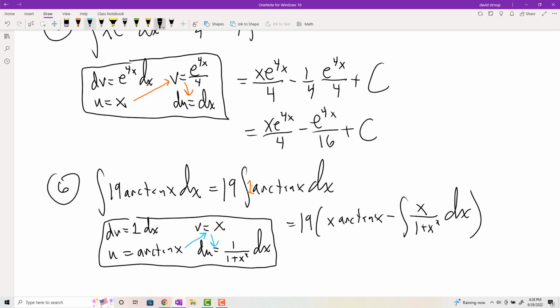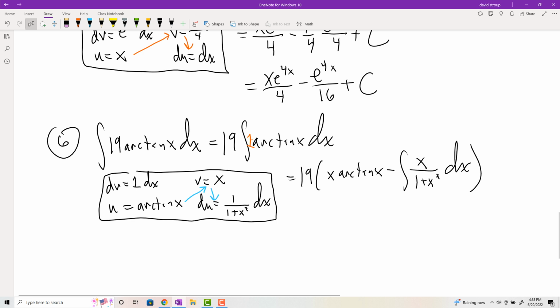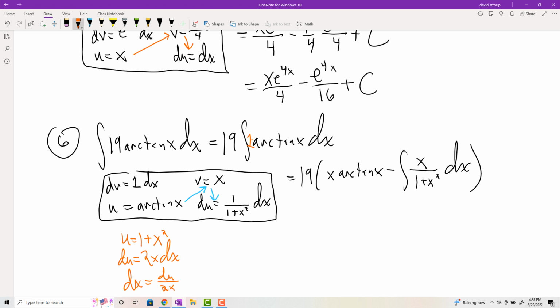Okay, that's really the by parts now done, because I'm going to be able to do that second integral. I just have to do a u sub, right? So I'll let u equal 1 plus x squared, and then my du will be 2x dx, and then my dx will be du over 2x.